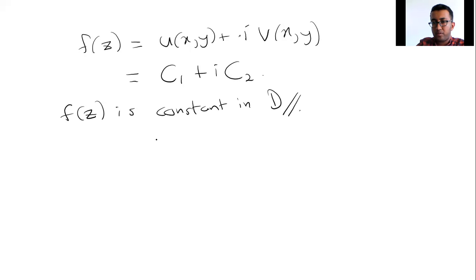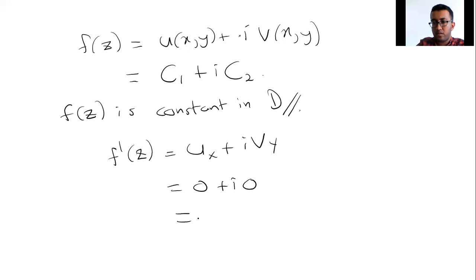And also I proved that we know that f dash z is equal to u_x plus i v_x. Since these are constants, f dash is 0 in D, right?